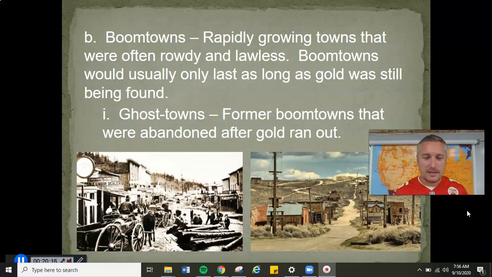I mean, there's a lot of vices that are being supplied by these boom towns as well. So, just like we see in the movies, boom towns were kind of often rowdy, lawless, Dodge City, right? I mean, these areas that, it seemed like people were spending most of their time in the saloons, and there were gunfights in the streets.